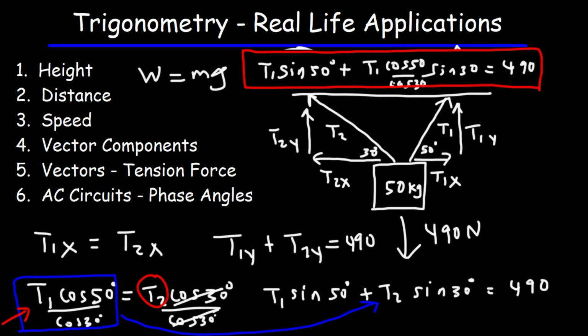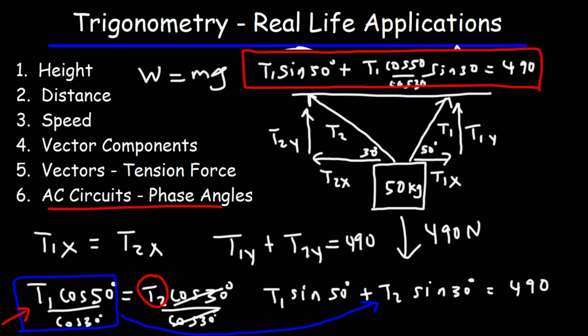So that's another application of trig. It helps you to solve physics problems with vectors and their components. The other application I could think of is electricity, AC circuits. AC stands for alternating current. And for this topic, there's something called phase angles that relate voltage, current, and resistance.